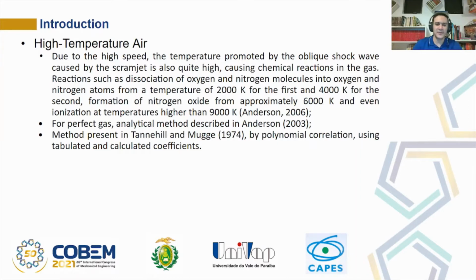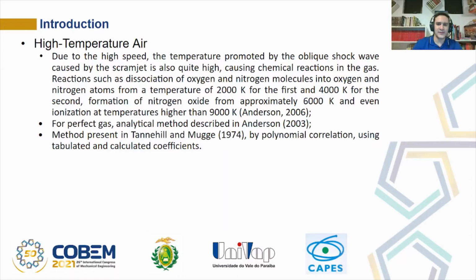So this high temperature air is what occurs in the real gas that we call air in thermodynamic equilibrium, that will cause reactions such as dissociation of the oxygen at 2000 kelvins and nitrogen at 4000 kelvins, or formation of nitrogen oxide at 6000 kelvins, and even ionization at higher temperatures as 9000 kelvins.